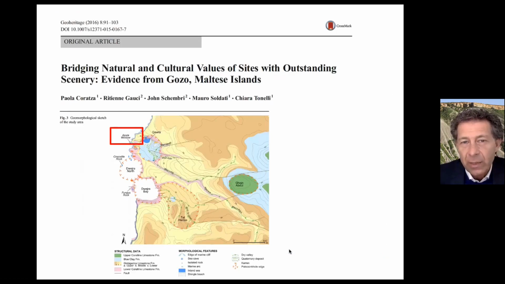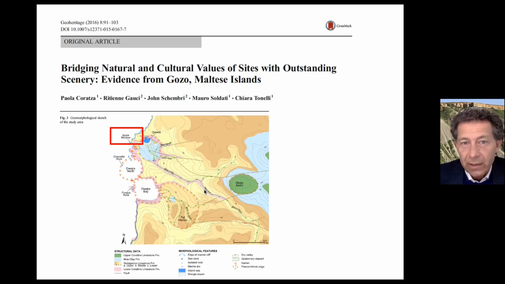I was mentioning that the Azure Window can be considered as part of the geoheritage of the Maltese Islands, as well as the surrounding areas where you have paleosinkholes that are really exemplary cases of evolution of these karst landforms. So we tried to study this before the Azure Window collapsed and published a paper on bridging natural and cultural values of sites with outstanding scenery.